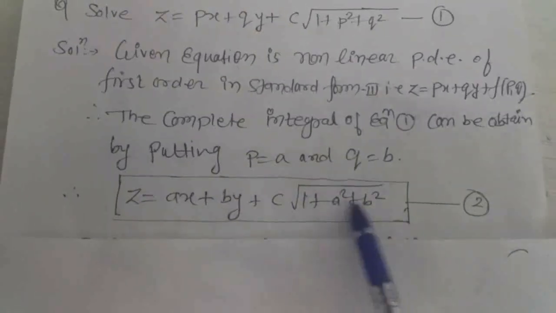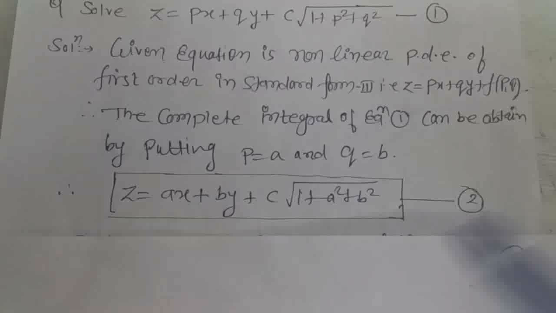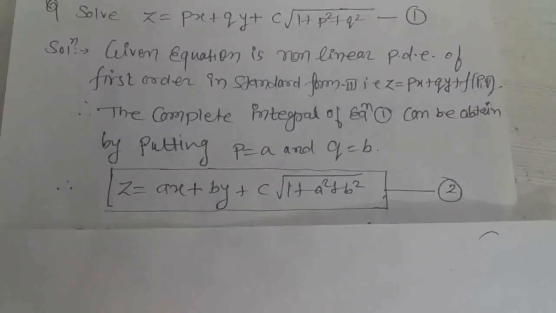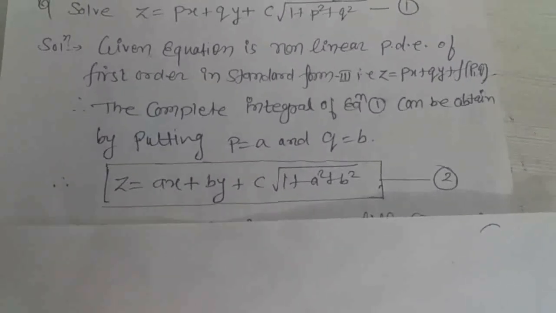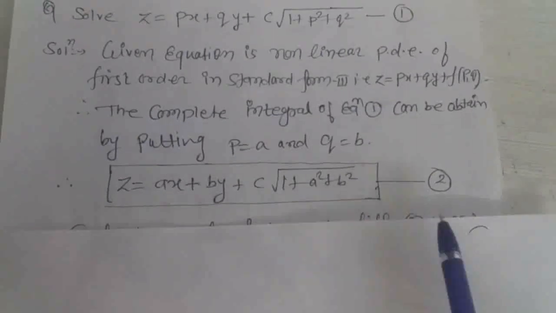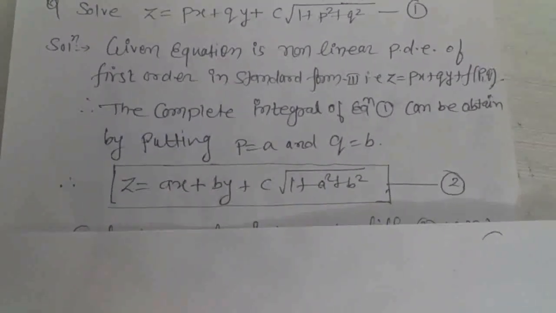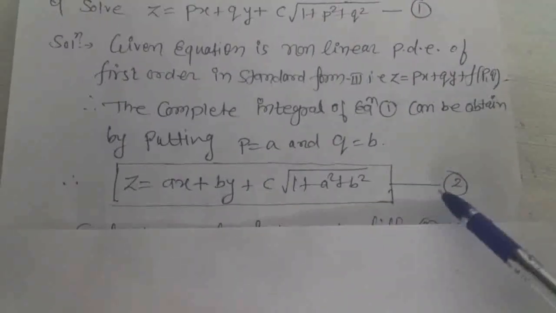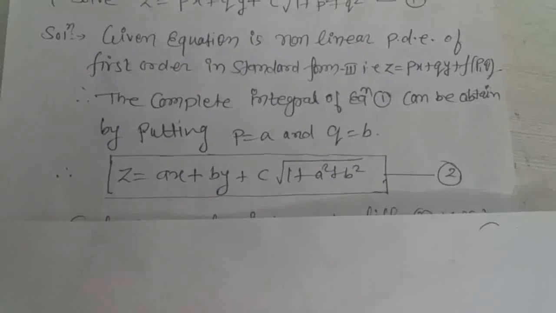So this is the complete integral of equation first. Now we find the singular integral. In order to find the singular integral, we differentiate partially the complete integral, that is equation second, with respect to a and b.